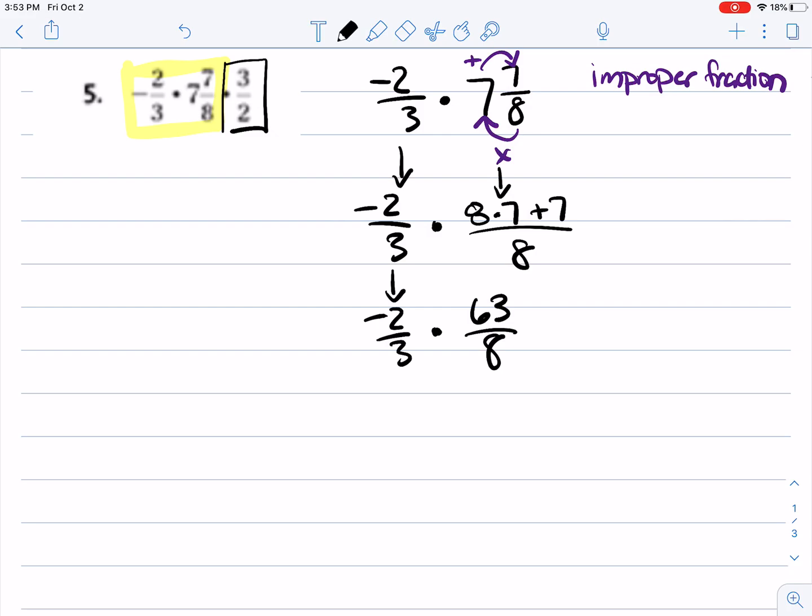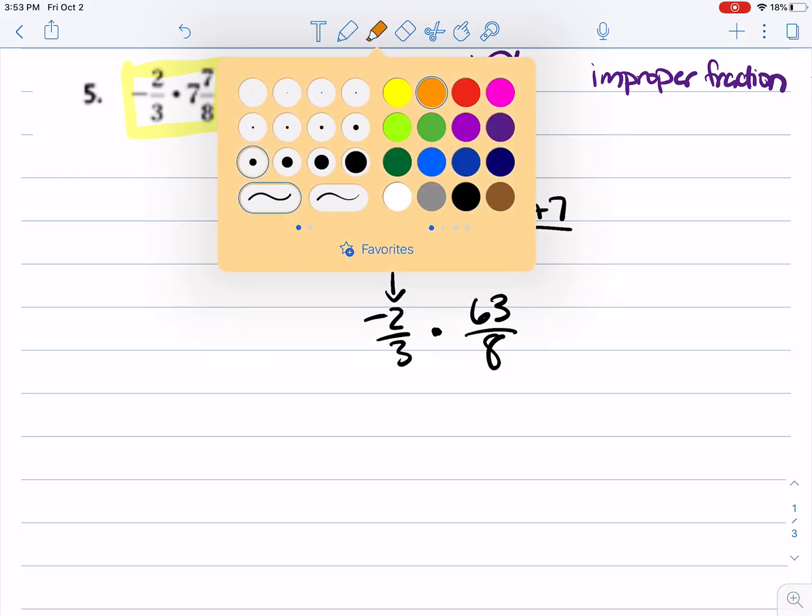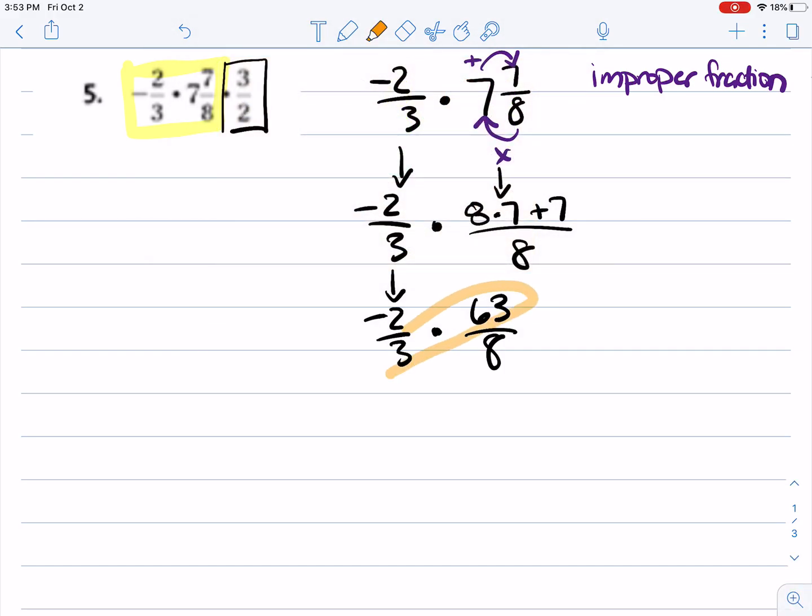So at this point, I'm going to show you how you can simplify before you multiply, and that's going to just help to keep the numbers a little smaller. So what you want to do is look diagonally, and see whether there are any numbers that you can divide into both numbers.